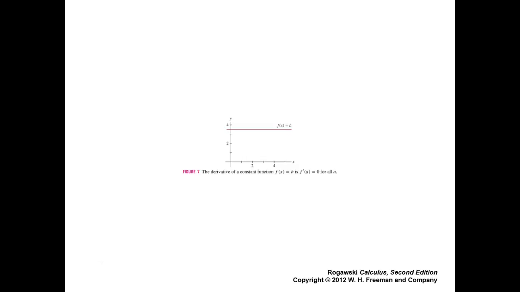Find the derivative of f of x equal to 9x minus 5 at x equal 2 and x equal 5. It says find the derivative of that. Now, you tell me what to do.